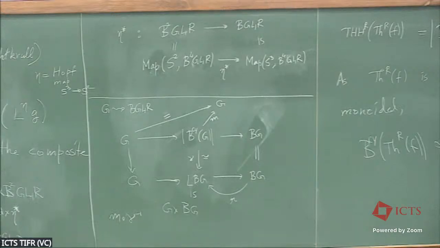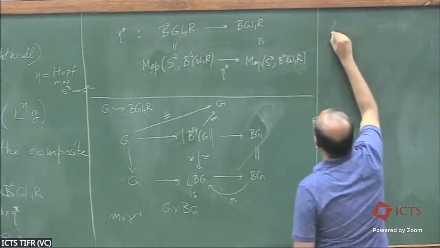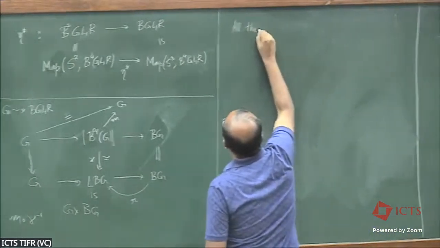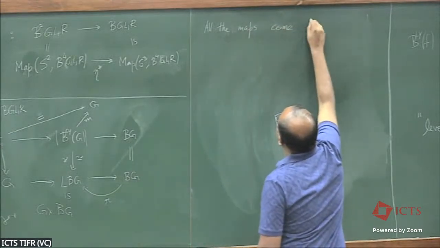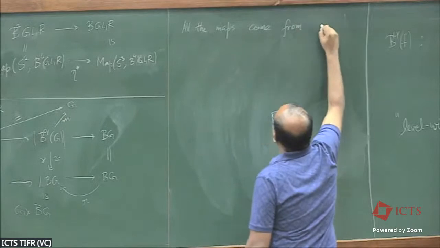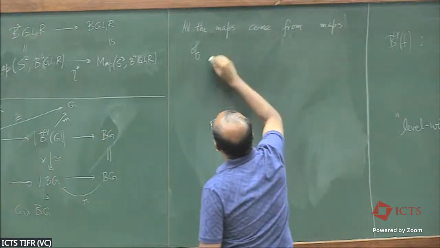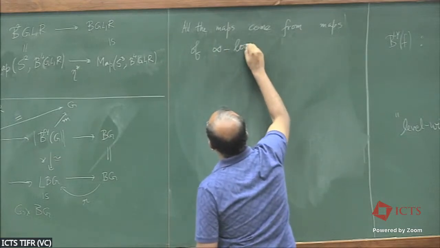So we can think of it as maps between the corresponding connective spectra. All the maps come from maps of infinite loop spaces.